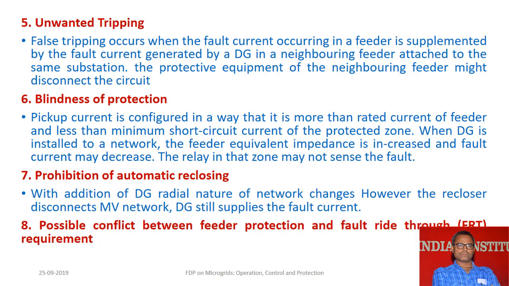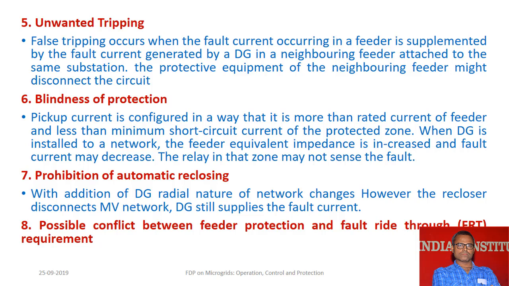whenever there is automatic reclosure for temporary faults, there are reclosure switches. So when any fault happens, the circuit breaker trips, and again it recloses. In practice this happens. It doesn't identify all faults as permanent.